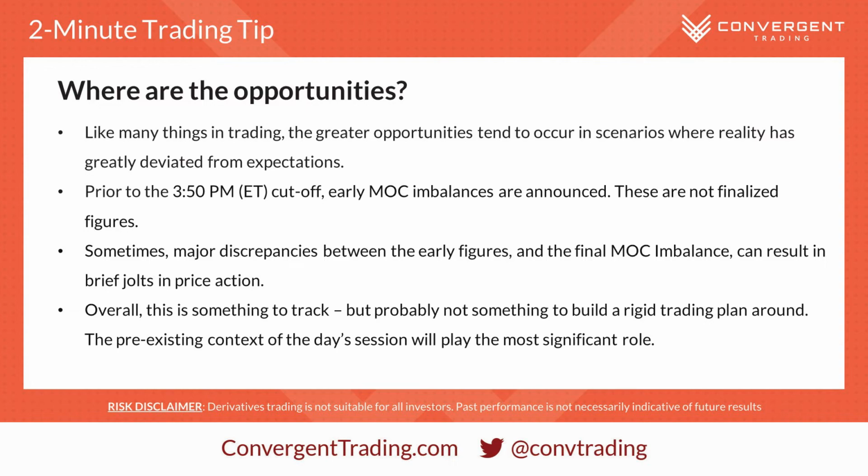Conversely, if the early MOC imbalance was 2.4 billion to the buy side, and the final imbalance number comes out as 6.4 billion to the sell side, then you may see some resultant price action due to the major discrepancy. This will also be highly dependent on the pre-existing context of the current day's session. If we're trending, if we're consolidating, if the market's putting in new highs going into the close, if the market is close to breaking the low of day going into the close.